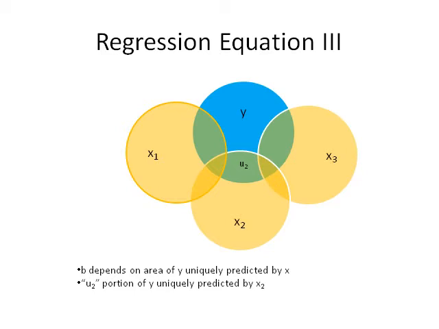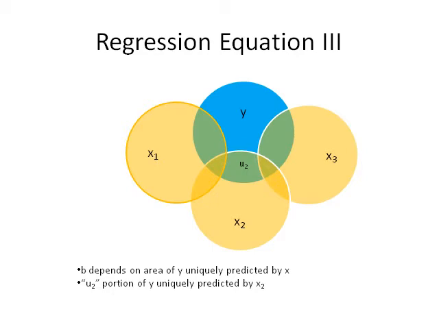Notice that each predictor overlaps with the criterion, or makes some level of contribution to the prediction of variance in the criterion. However, notice that each predictor is also correlated with other predictors, and thus they also predict variance in other predictors. Notice that part of the overlap of x2 with y is unique to x2, and here it is marked with a U in this example. Also, part of the overlap of x2 with y is shared with x1 and with x3.